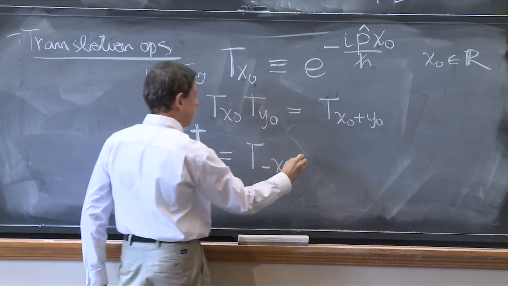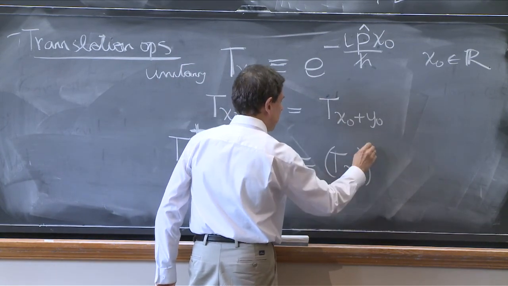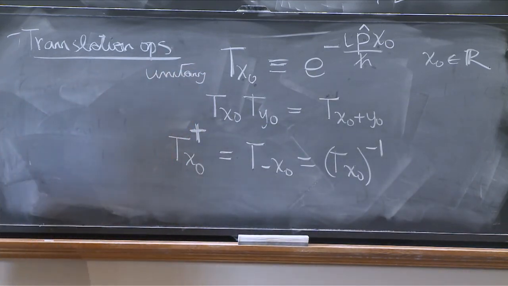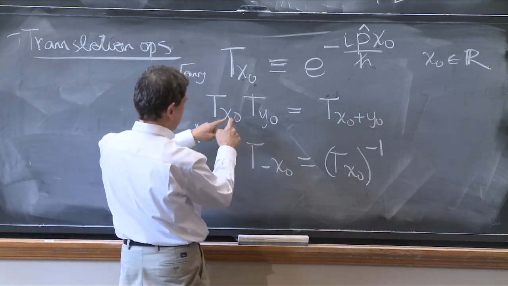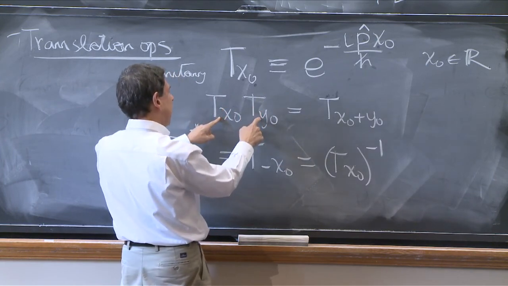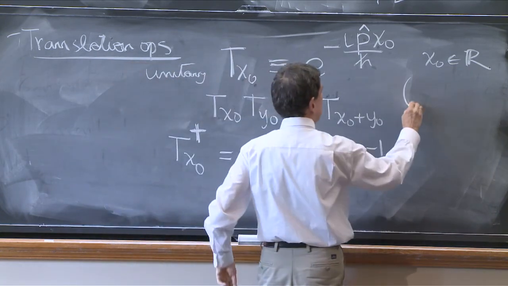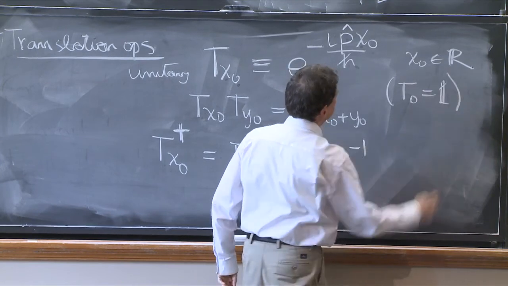So T of minus x0 is the inverse of T of x0, confirming that the operator is unitary. The inverse is the dagger. I used here that T of minus x0 times T of x0 is T of 0, which is equal to 1.